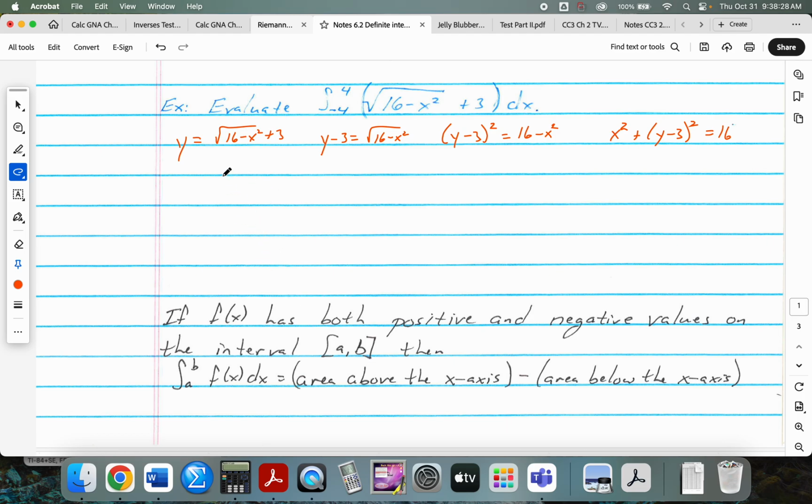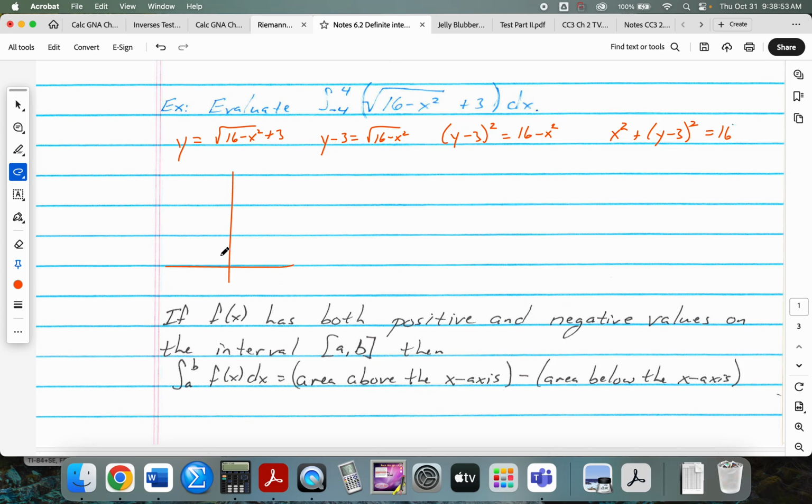All right, so hopefully you can look at this and go, okay, yeah, I don't have to go through all these steps to figure out that it's a circle with a radius of 4 and that it's centered at 0, 3. So let's see.